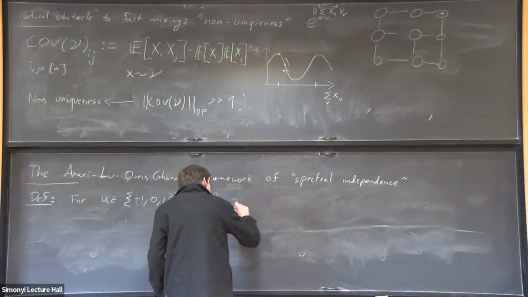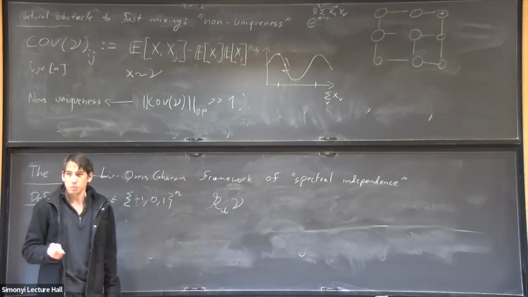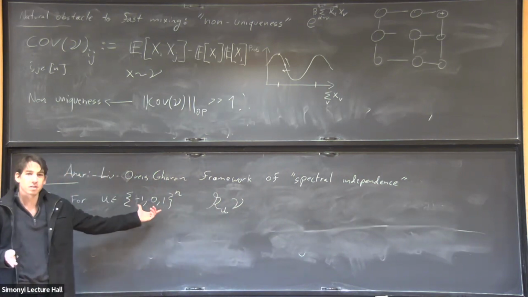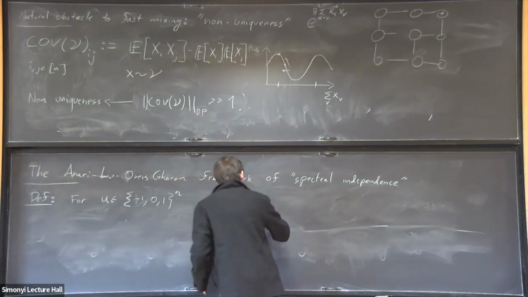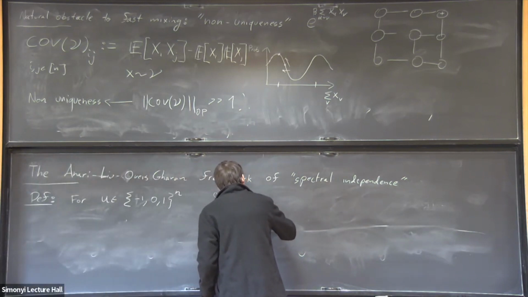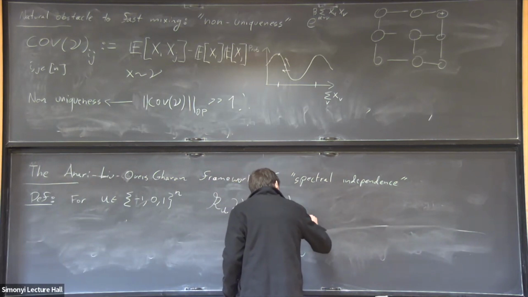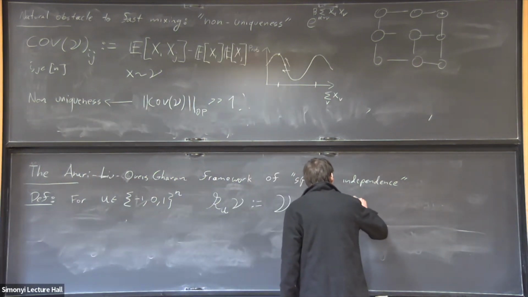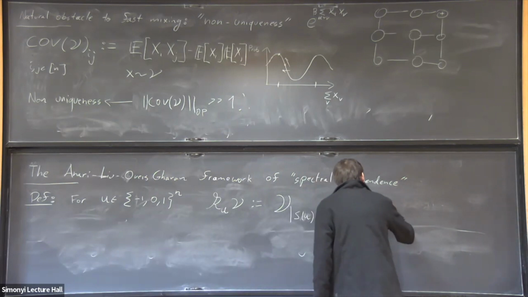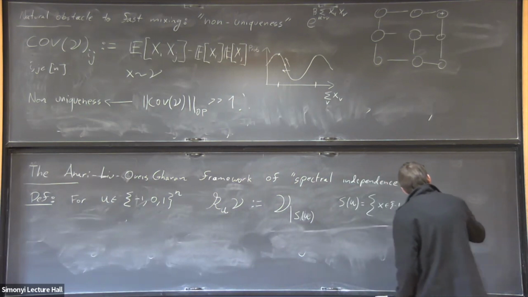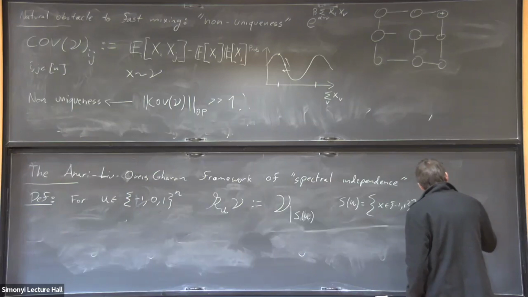of u of a measure nu is what you think. It's the measure nu conditioned on the subcube defined by this, let's call it the subcube S(u), where S(u) is all the x in the hypercube such that x_i u_i is greater than or equal to 0 for all i.